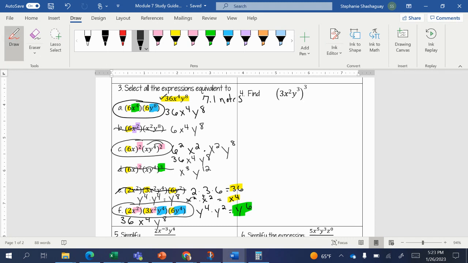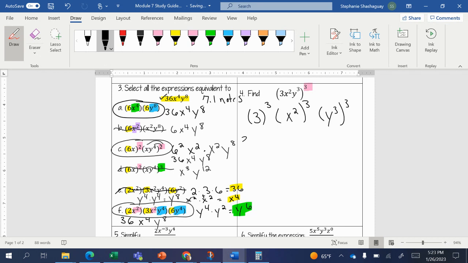All right. In question 4, we need to find 3x squared, y cubed, all to the power of 3. So we have to distribute this exponent of 3 to every term. So we're going to have 3 to the power of 3, x squared to the power of 3, y cubed to the power of 3.